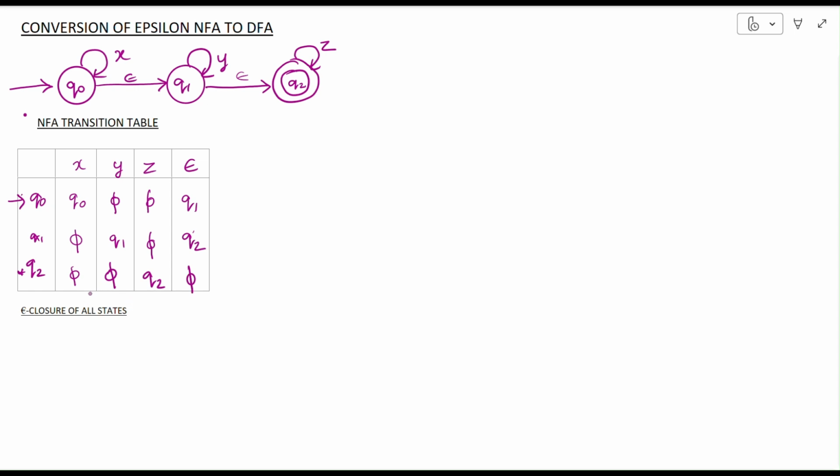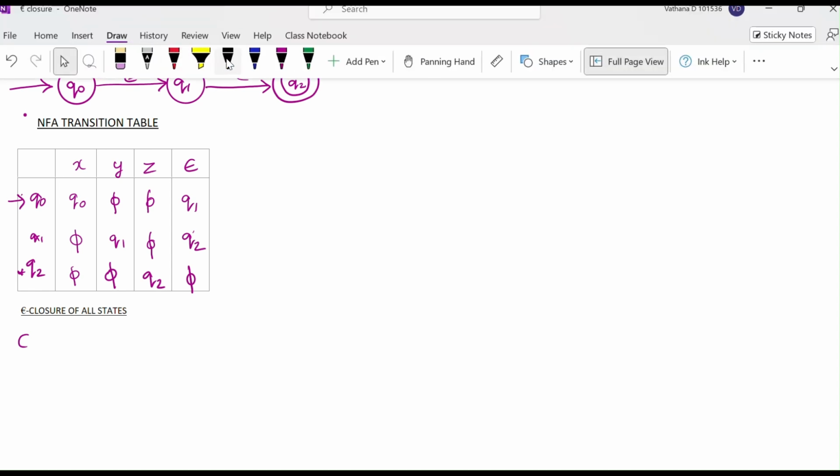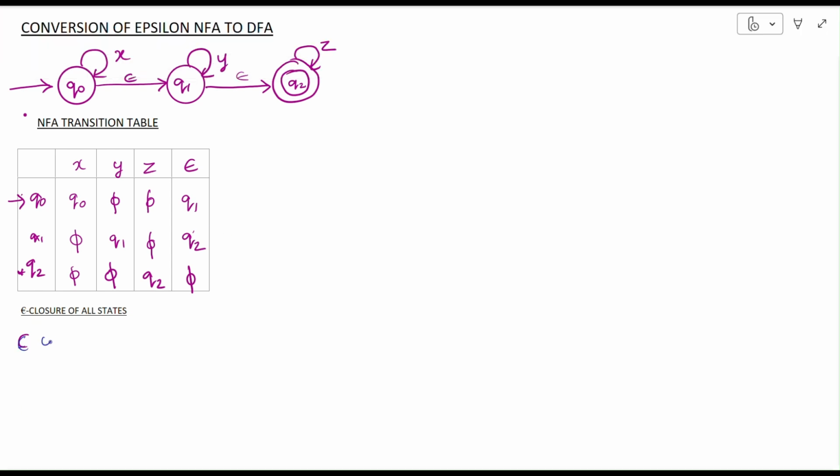Now the next step is to find the epsilon closure of all the states involved here: epsilon closure of Q0, epsilon closure of Q1, epsilon closure of Q2.